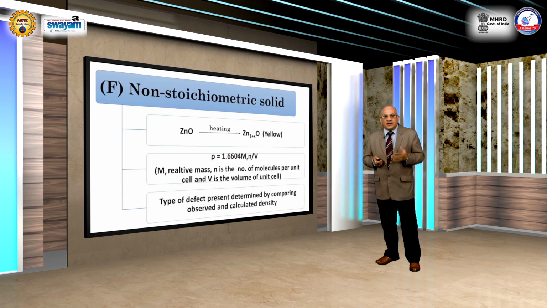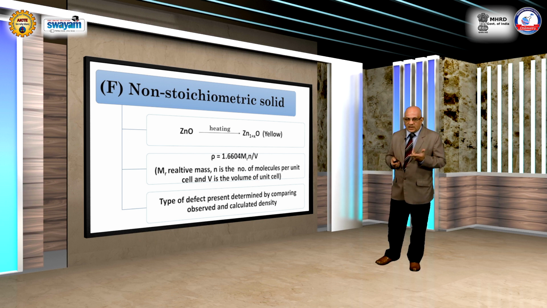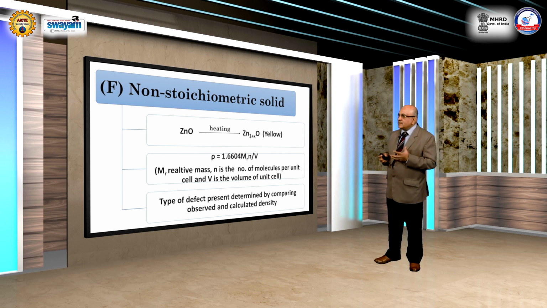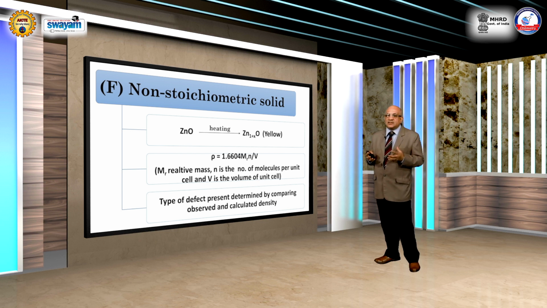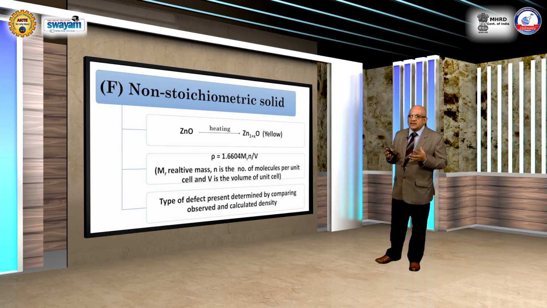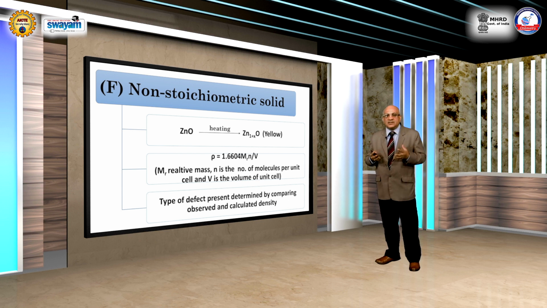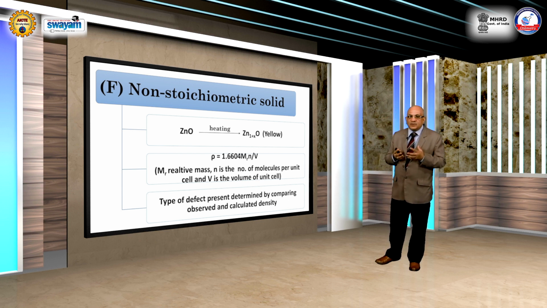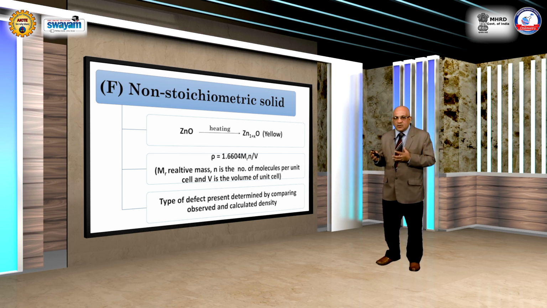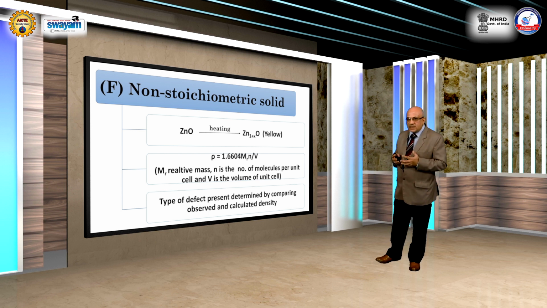You can study non-stoichiometry in solids. For example, you take zinc oxide, you take the X-ray, you know its lattice parameter. If you heat zinc oxide, then you find that some of the oxygen will go out and you will have a composition like Zn 1+x O, and actually the color changes from white to yellow.